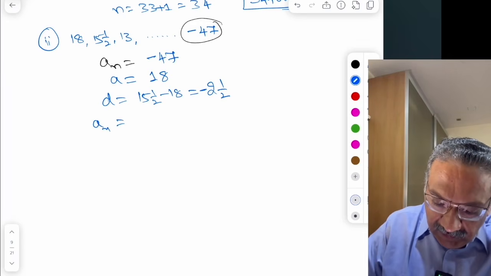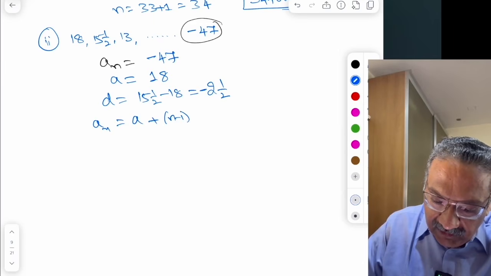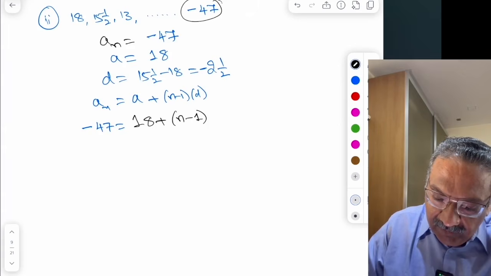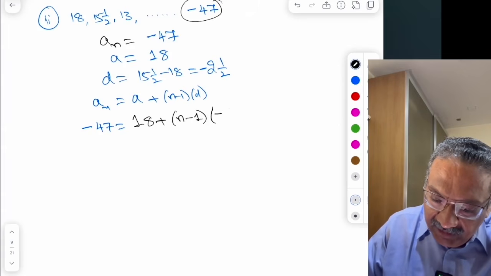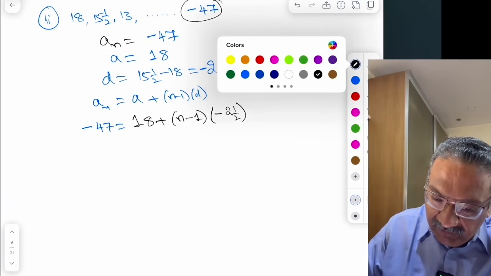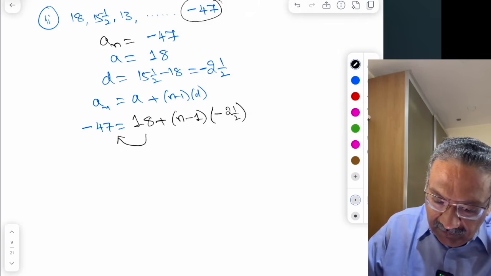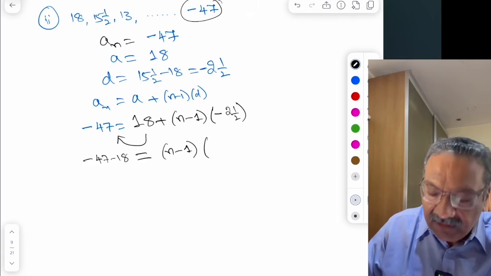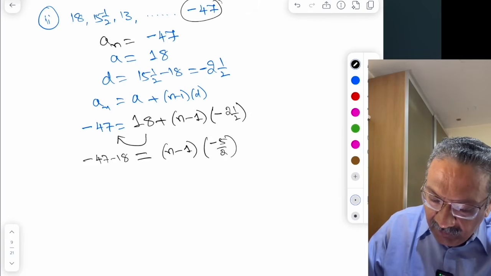So we know the formula, an is equal to a plus n minus 1 into d. So an is minus 47, first term a is 18 plus we don't know n, and d is minus 2 and a half. So minus 47, if 18 comes this side, it becomes minus 47 minus 18 is equal to n minus 1 into, I'll write 2 and a half as 5 by 2, minus 5 by 2.